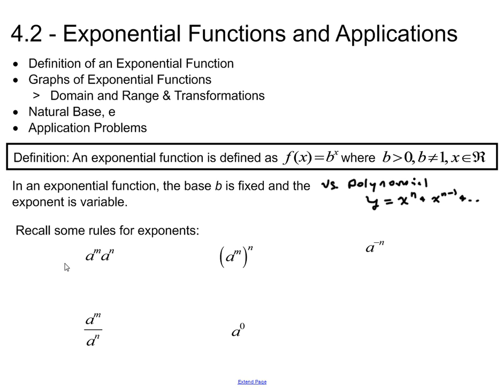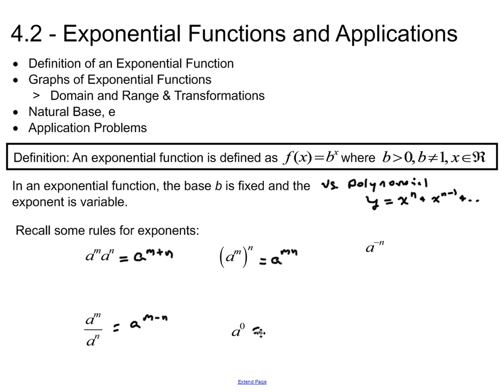Well, before we get too far into that, we should remember some of our rules for exponents. If you recall some of these things, we had one that talked about our multiplication of exponents: a to the m times a to the n is a to the m plus n exponent. We had a rule for subtraction that said a to the m minus n exponent. We had a rule that told us to multiply our exponents when we had this arrangement, a to the m raised to the nth power.